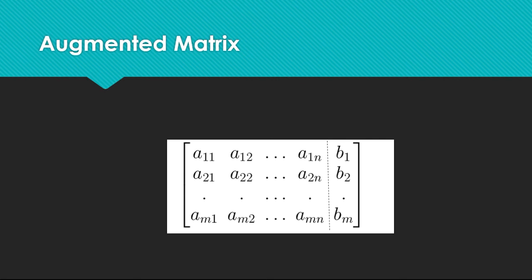Now we can write that system in augmented form. This form is called the augmented form. All these values a11, a12, up to a1n, and on the right side b1, are the coefficients of x1, x2, up to xn in the first equation in the system.